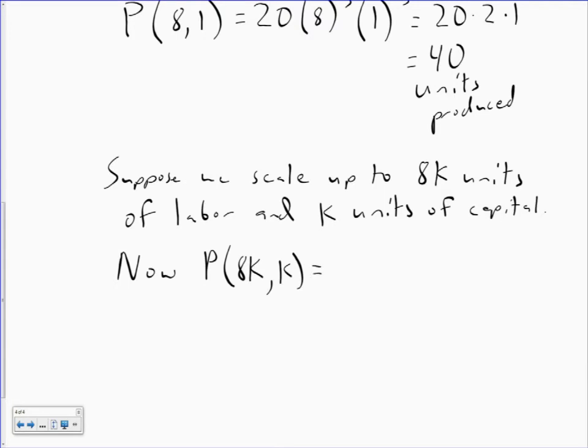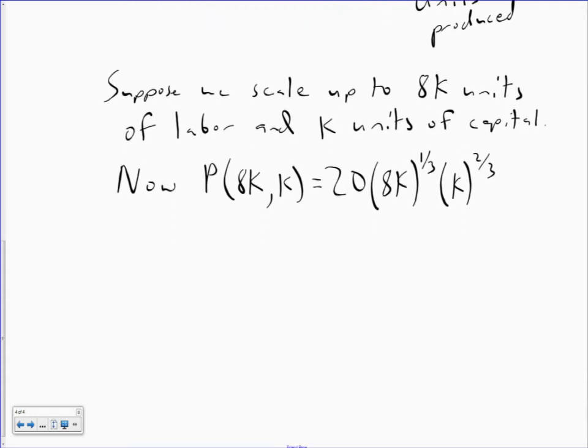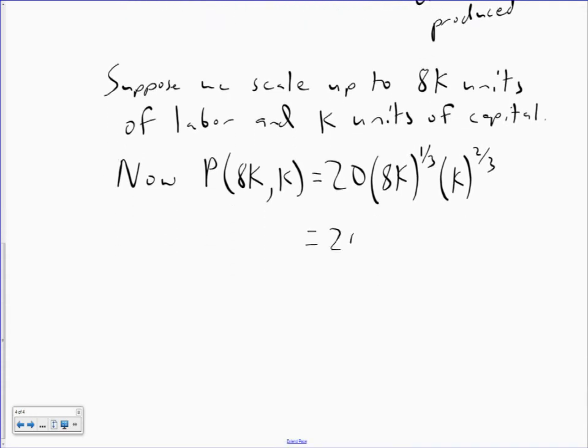So if we look at what happens with our production, now instead of 8 and 1, we're putting in, say, 16 and 2, or 24 and 3, or 80 and 10, something like that. If we plug that in, we've now got 20, and then (8K) to the 1/3, and K to the 2/3. And we clean this up a little bit by distributing that 1/3, bringing it into both pieces of the parentheses.